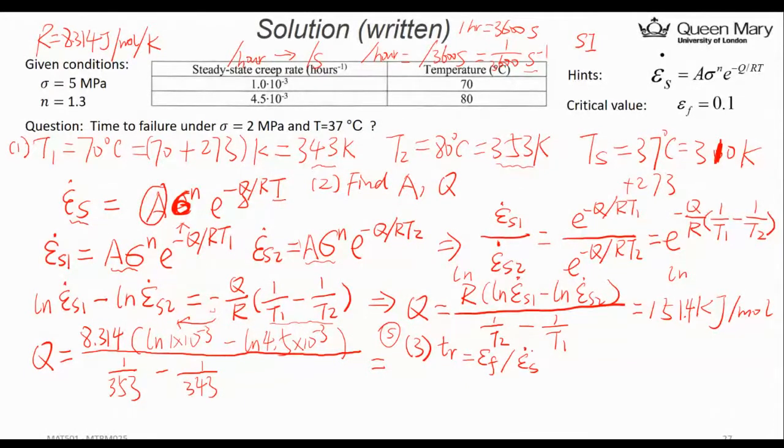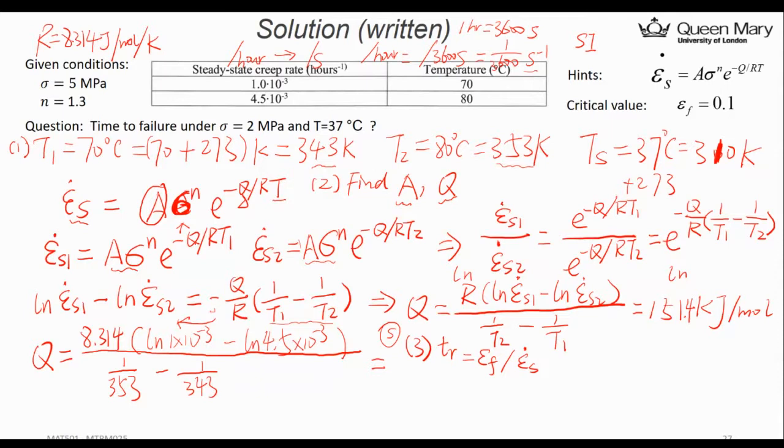Okay, so one thing I forgot, which is we found Q already, but we haven't found A, right? So in this equation, let's find A, because finding A is much easier, because we have 2 equations.